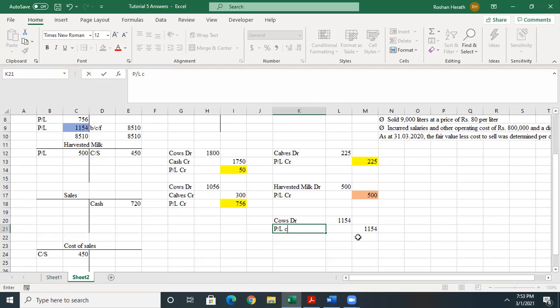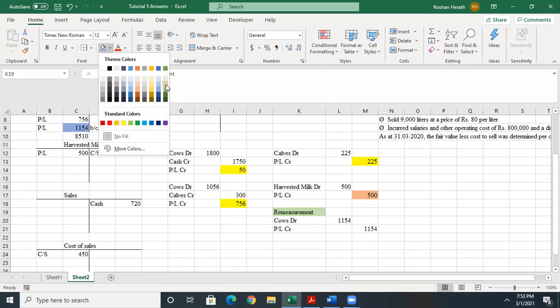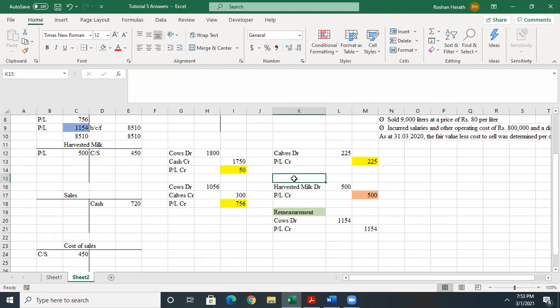Because the remeasurement gains should also be taken to the P&L. This is about the remeasurement. So this is about the agricultural produce.